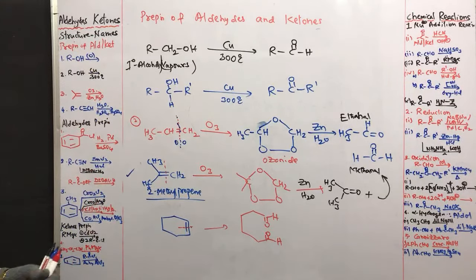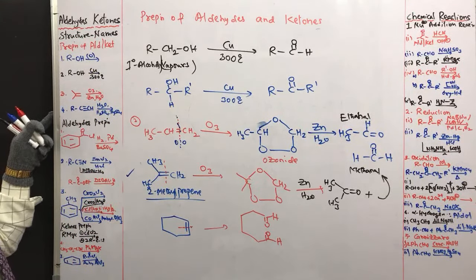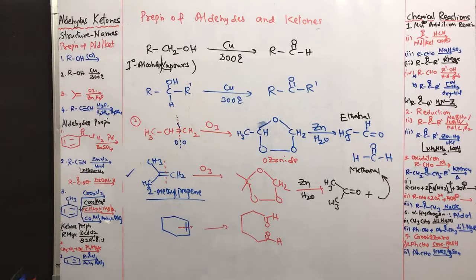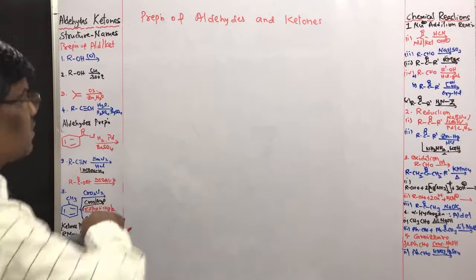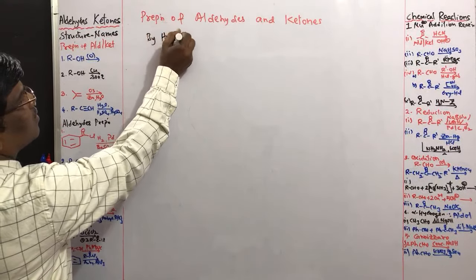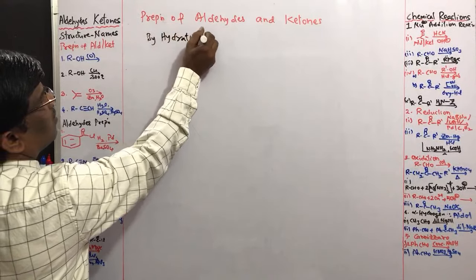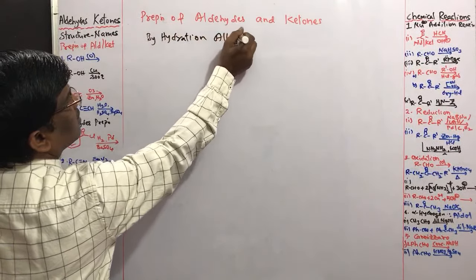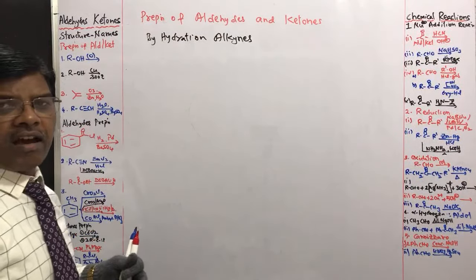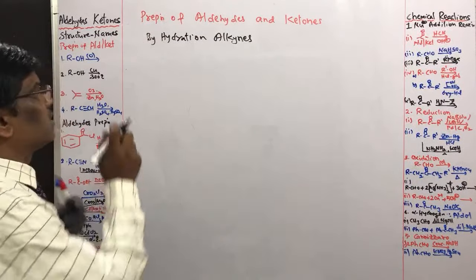Next, a very important method for the preparation of aldehydes and ketones is hydration of alkynes. Alkynes give Markovnikov's products.